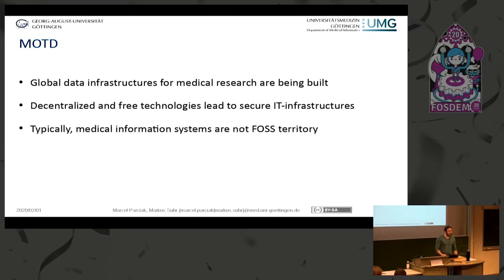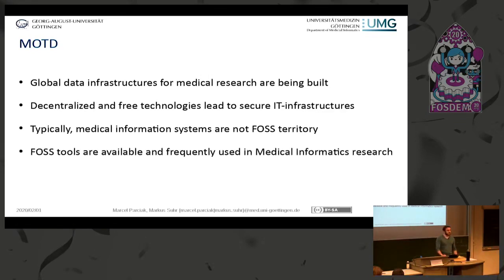Typically, the medical information systems are really not free or open source whatsoever. These are proprietary big blocks that we saw that are very black and nobody touches them. But the tools in medical informatics research are frequently used and could be very well rolled out to more of the primary care. But we have to advance that. We have to politically make a voice for that and say, hey, there are tools you could use.